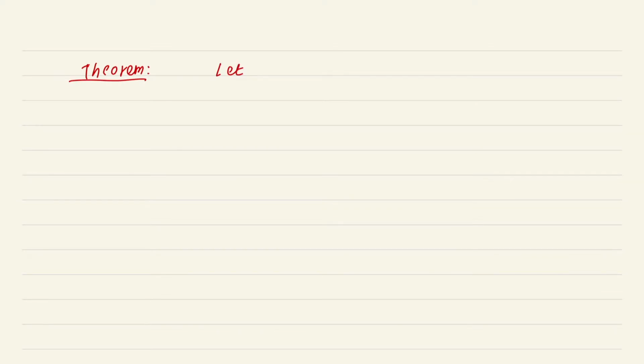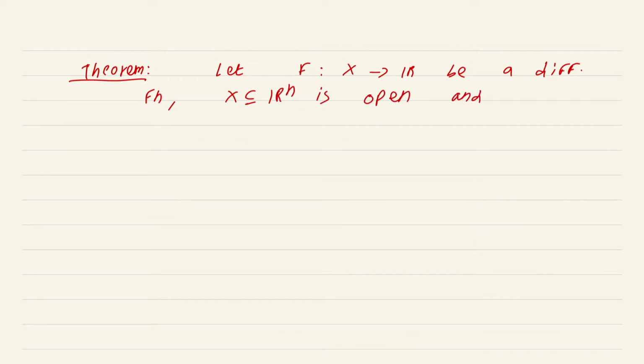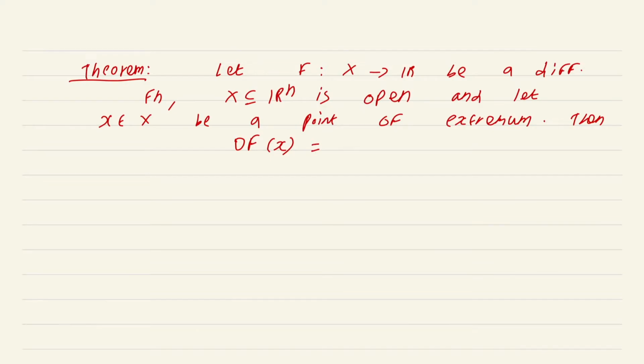Let f from X to R be a differentiable function where X subset of Rn is open, and let x in X be a point of extremum. That is, it's either a local maximum or a local minimum. Then the gradient of f at this point x is 0.